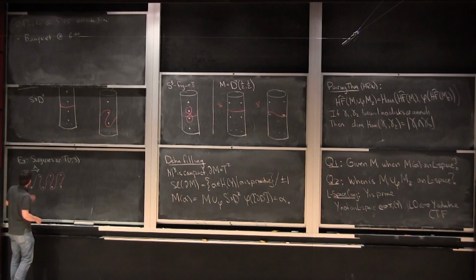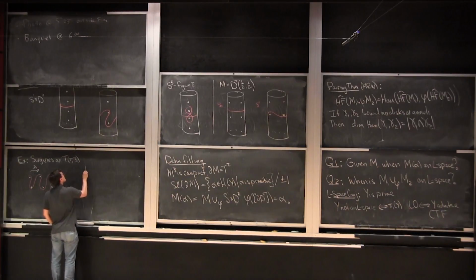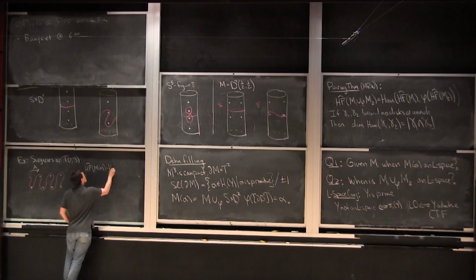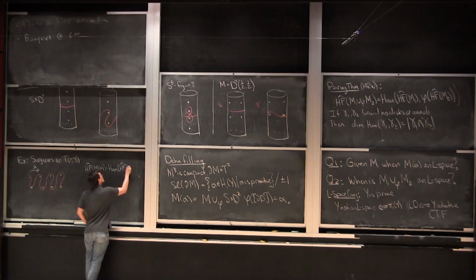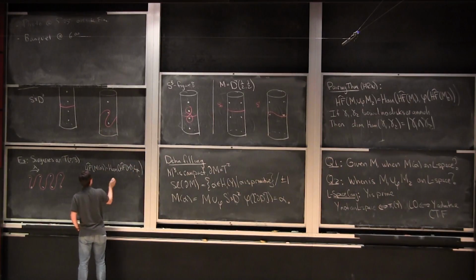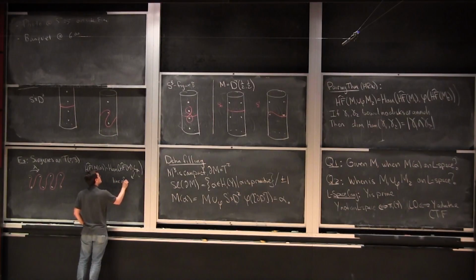So to compute HF hat of a Dehn filling at slope alpha, it is hom of HF hat of M with L alpha, where L alpha is a line of slope alpha.